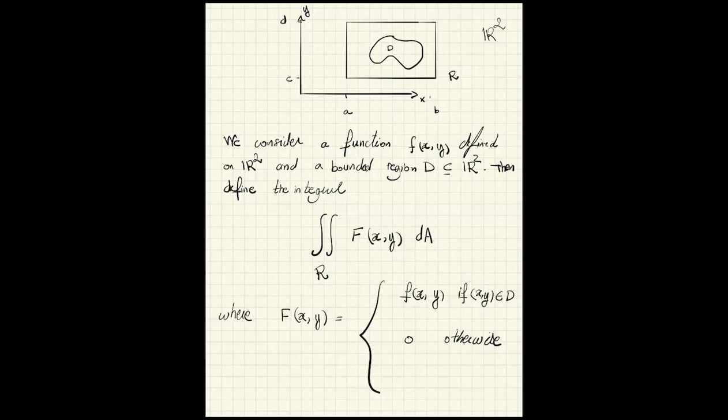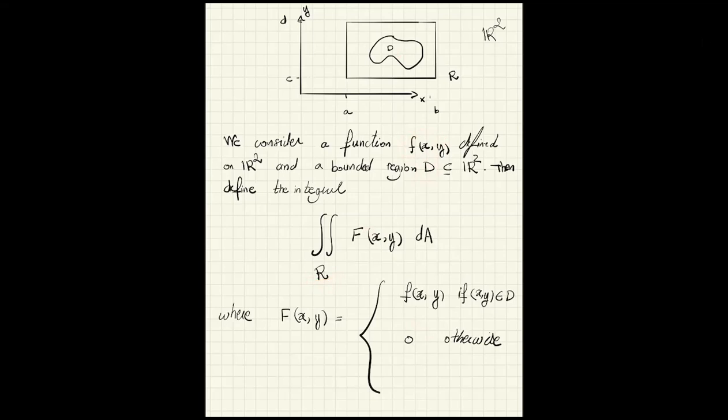So that's exactly the definition of an integral. If you give me a function defined on the region D, and you want to integrate this function f on the region D, take this function capital F defined by this, and then integrate capital F on the region R. We know the meaning of this. We've been talking about this for 2 hours.